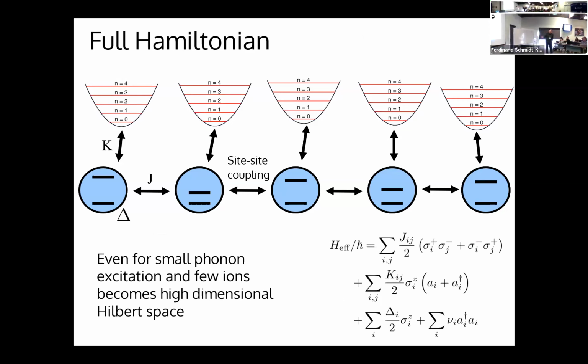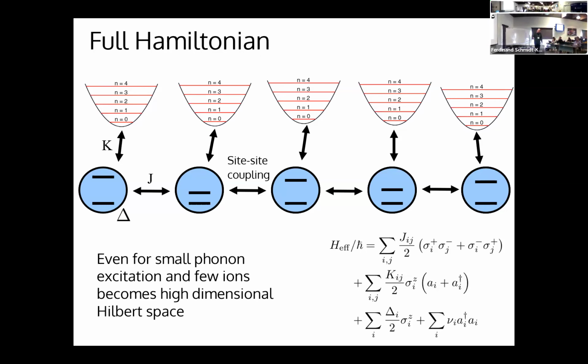And then you have some spin motion coupling. This is the spin coupled to the motion. That's exactly this arrow, which is K. So each one can be individually different, okay? And then you have maybe some detuning here, which illustrates that this here is larger than this. So that is the detuning of all these different sites, okay?